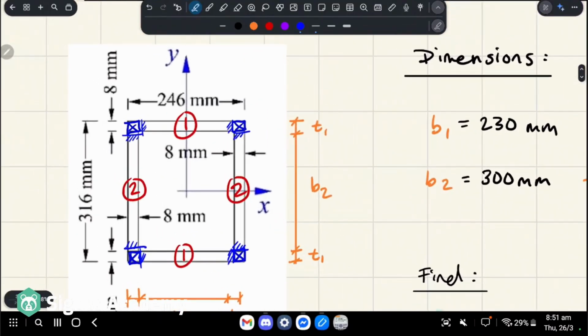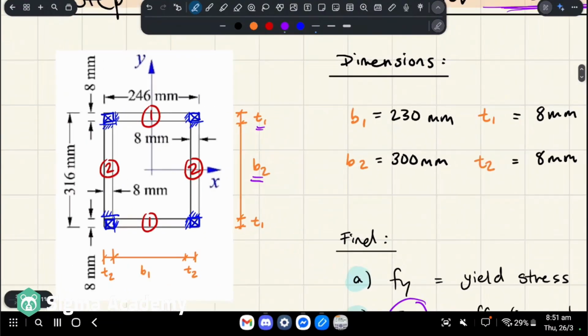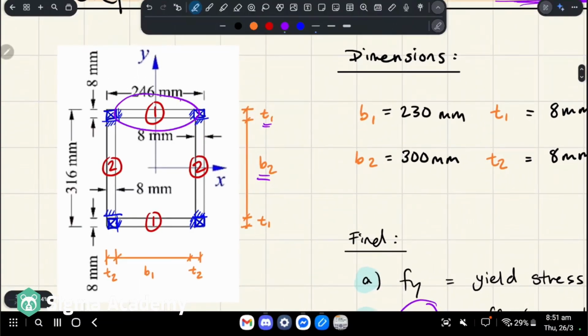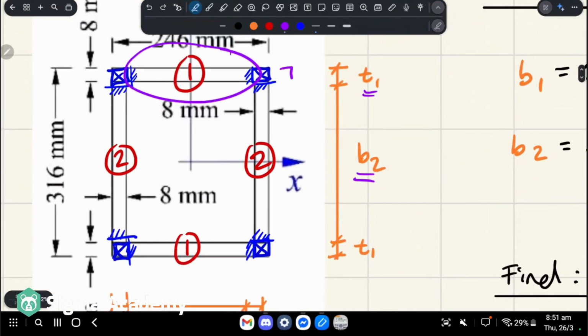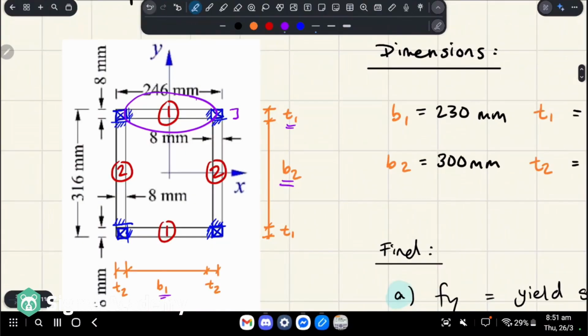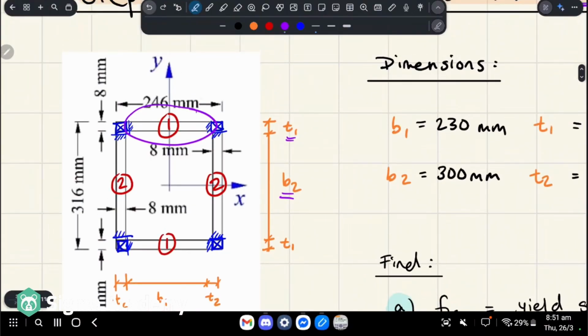Anyway, the notation T and B: B refers to the larger dimension and T refers to the smaller dimension, okay? For element 1, for example, we have a width going left to right, and a thickness going up and down. It depends on the orientation of your element, because for element 2 you can see it's the other way around.